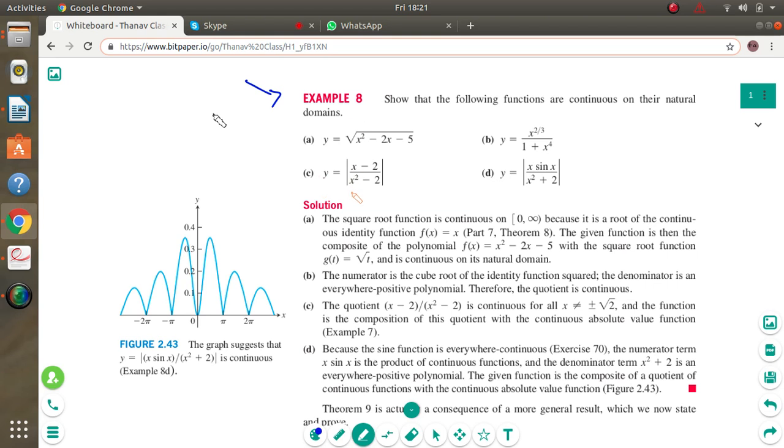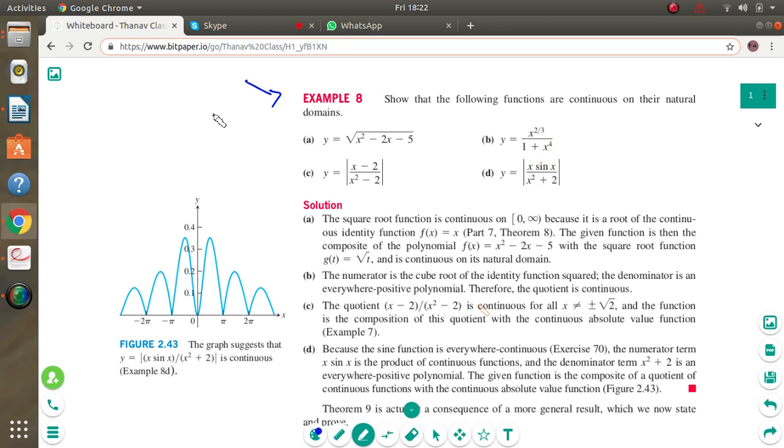Then you would have the modulus of that for b, x to the power 2 by 3 and 1 by x to the power 4. You can have g of x is 1 over 1 plus x to the power 4.